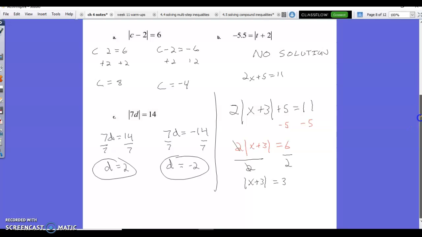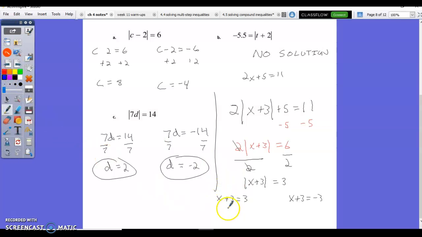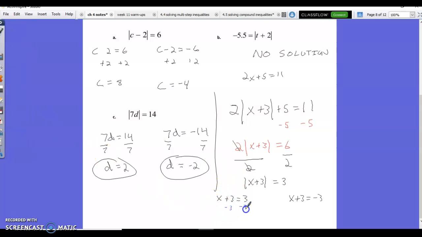All right, now you're at your final step here. The final step would be to set up two equations, one with positive 3, one with negative 3. So I would have x plus 3 equals 3. X plus 3 equals -3. And then you solve for each of these. Subtract 3 from both sides, and you get x equals 0 as one of my answers.